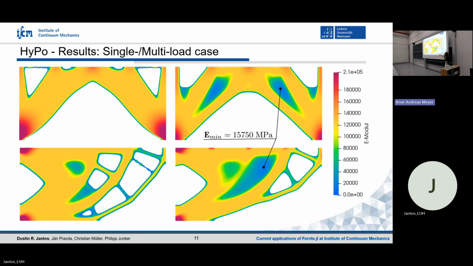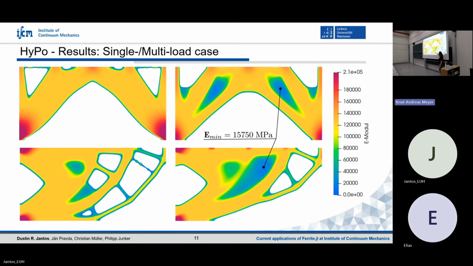And this is more likely, for example, if you think about bones, you have outside mostly solid, but internally you have a lot of foam. And this gets more prominent the more load cases you have. So, I mean, you can think of a bone where you're not having the same force the whole time. You always have variations. You slip or something, and then you have different load cases. And this is why we have foams in our bones.